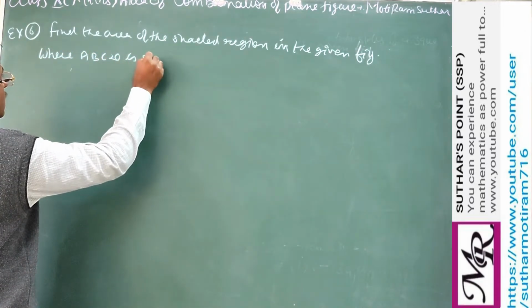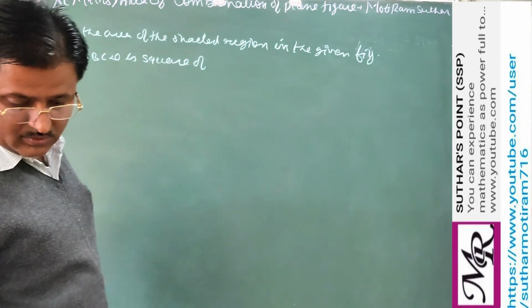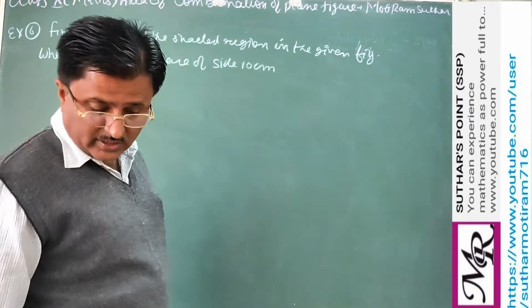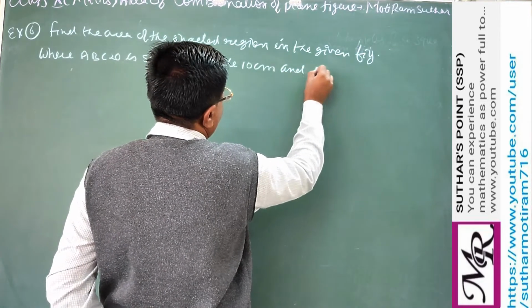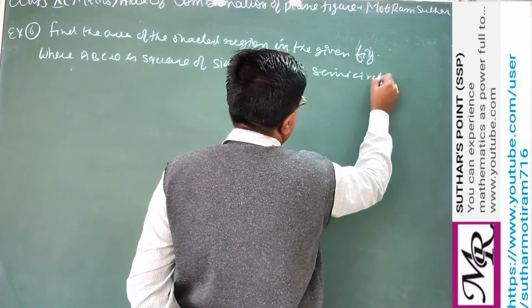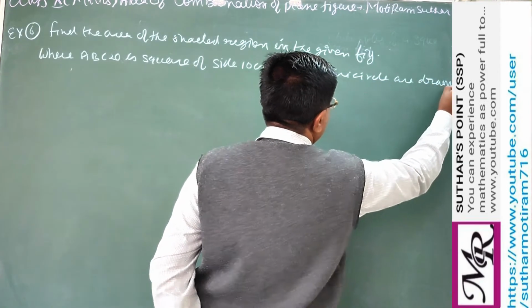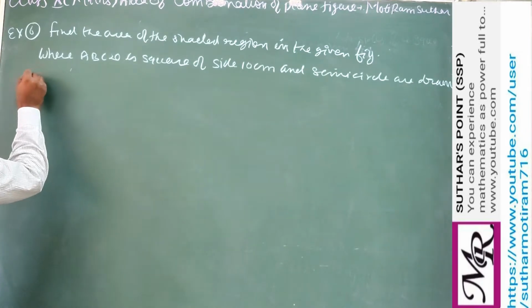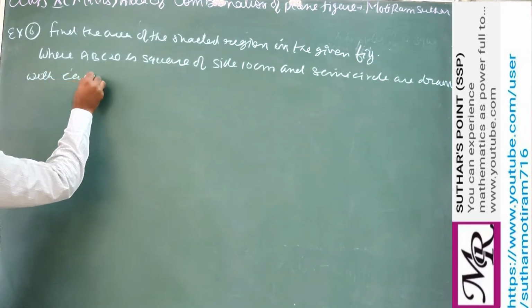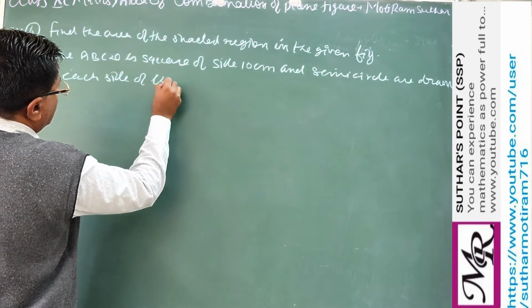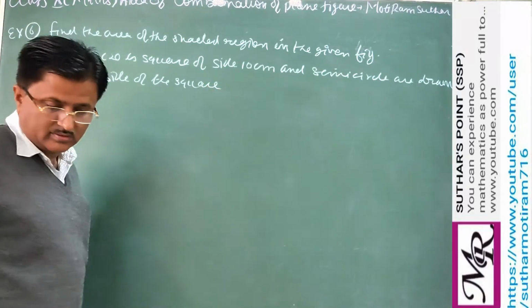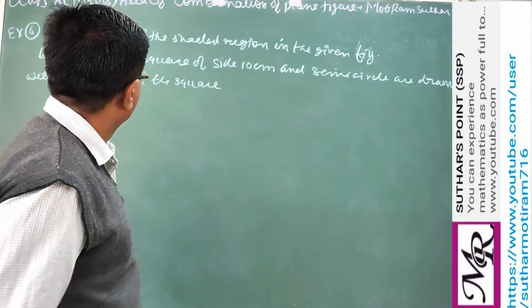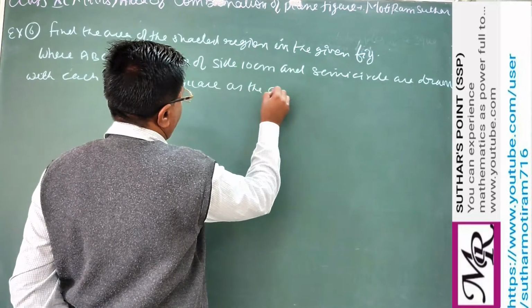ABCD is a square of side 10 centimeter, and semicircles are drawn with each side of the square as the diameter.